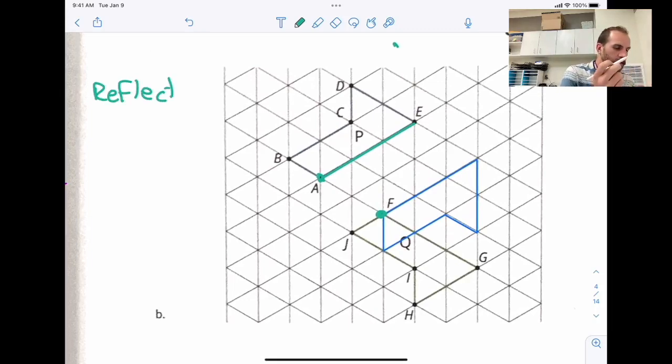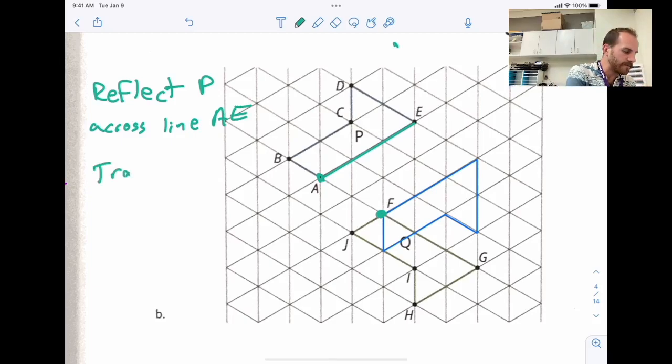Reflect P across line AE. It's a great first step. And then what did we do? Well, we translated A to F.